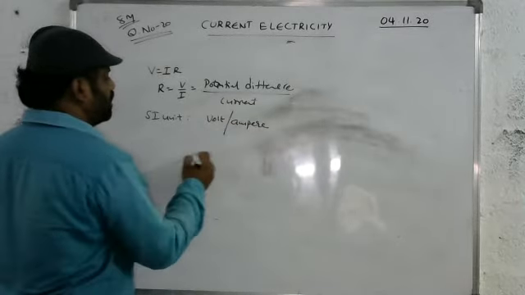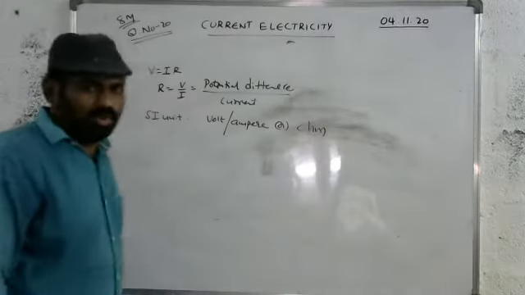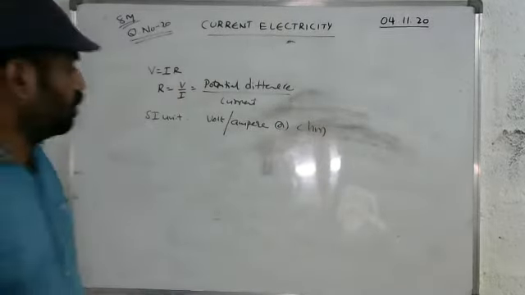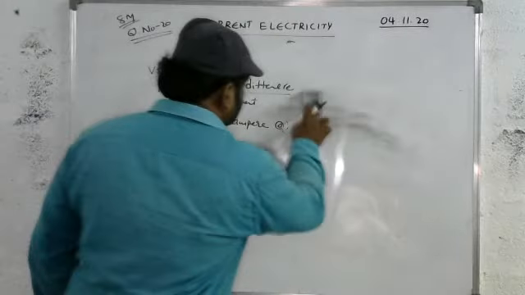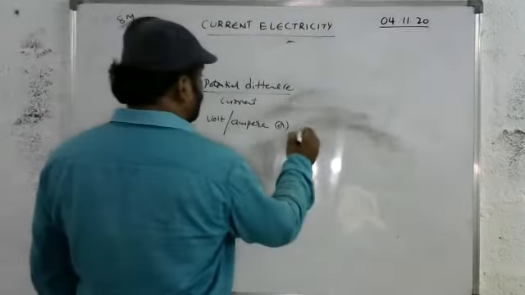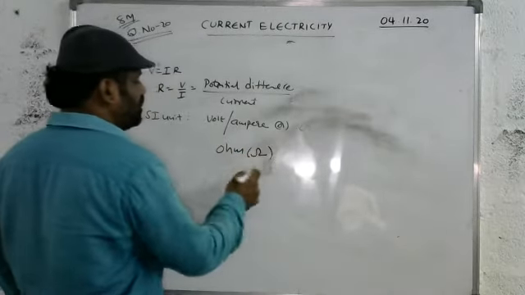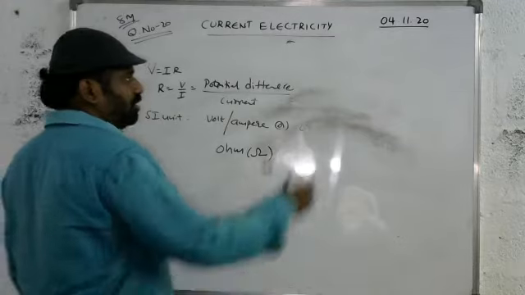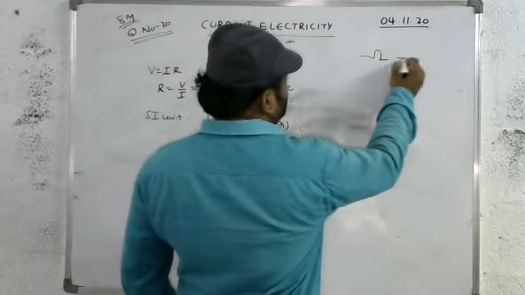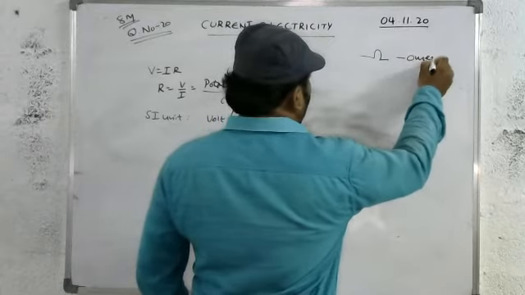So volt per ampere is nothing but ohm. The symbol for ohm is omega.